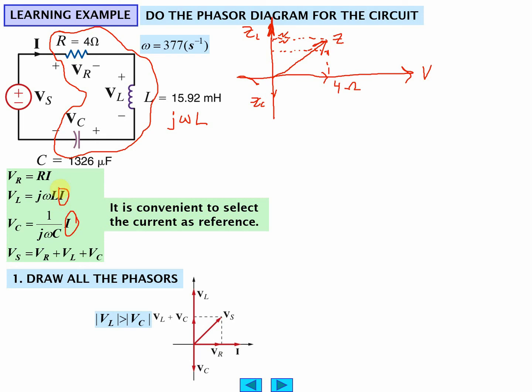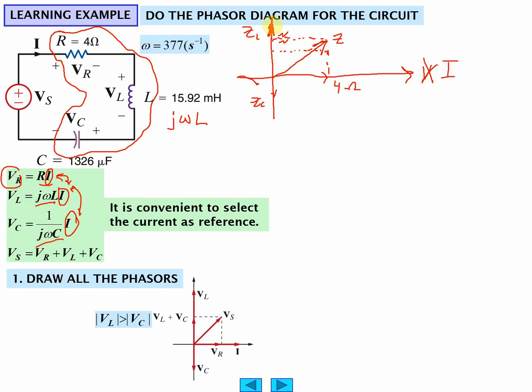That is better. I was thinking impedance times the current gives you the voltage. And they said, no, no, no, you can change current. So I should have chosen the current to be my reference, because Z times I will give you the voltage.